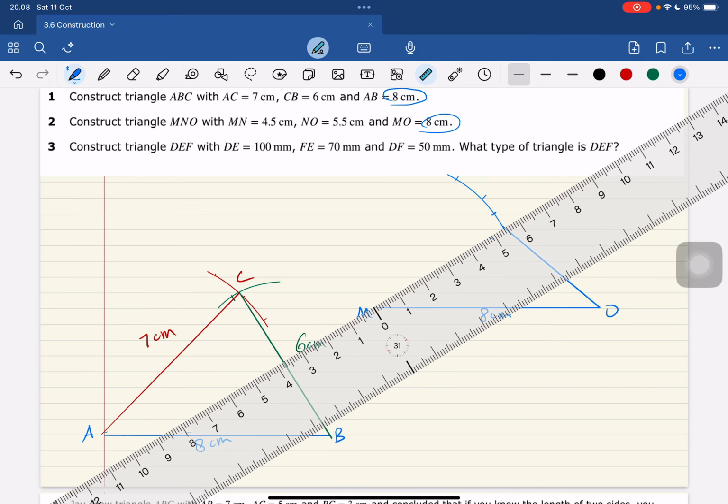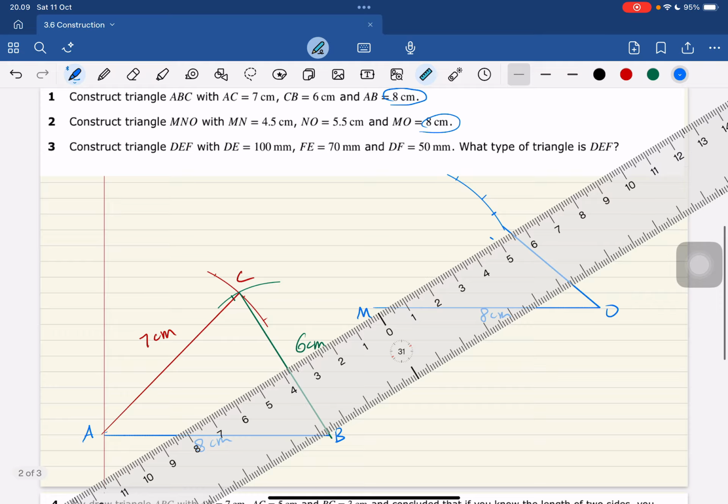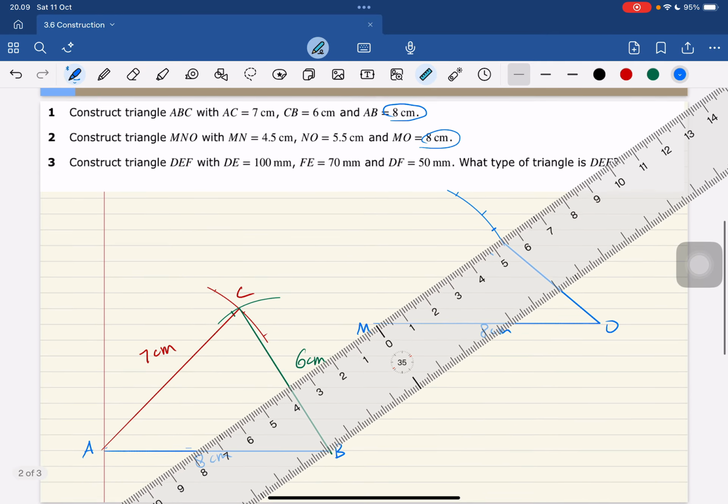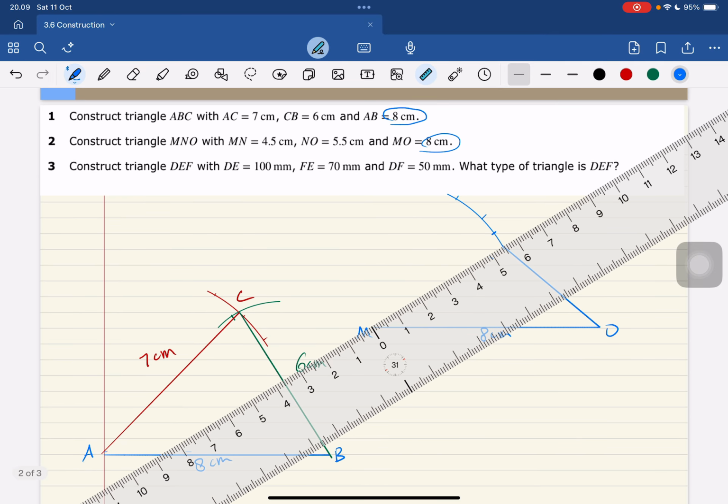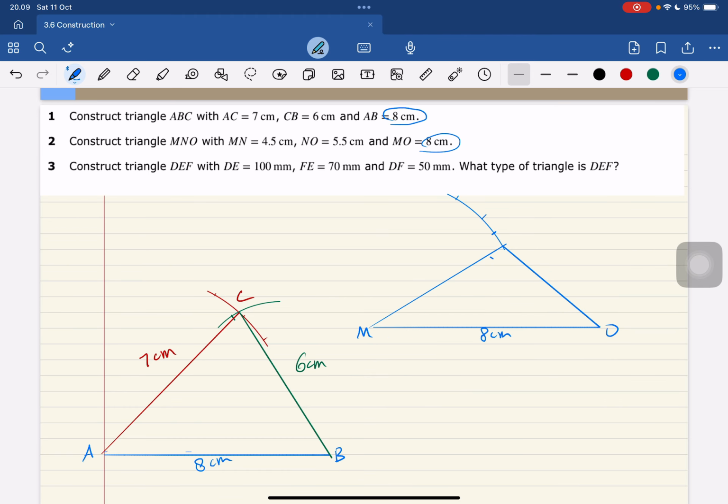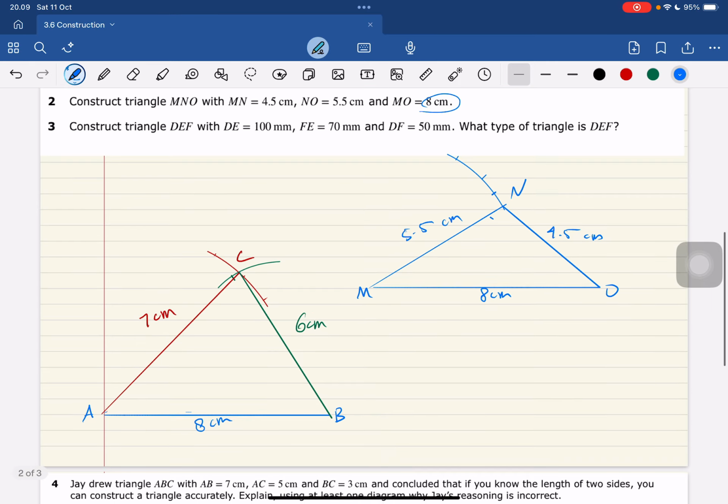And then here is 5.5. Okay, we got it. This is 5.5 centimeter, and this is 4.5 centimeter. So this is M and N.